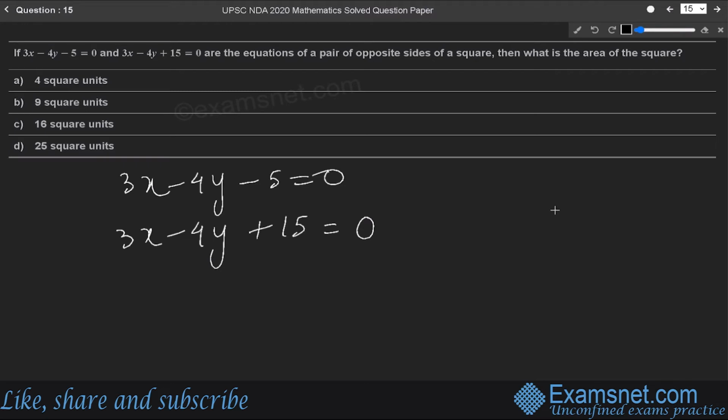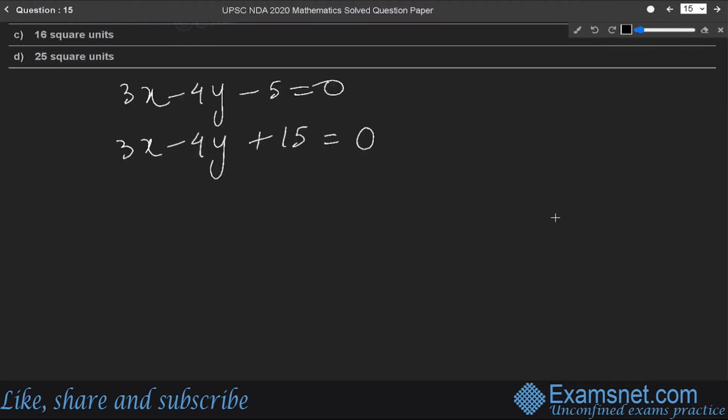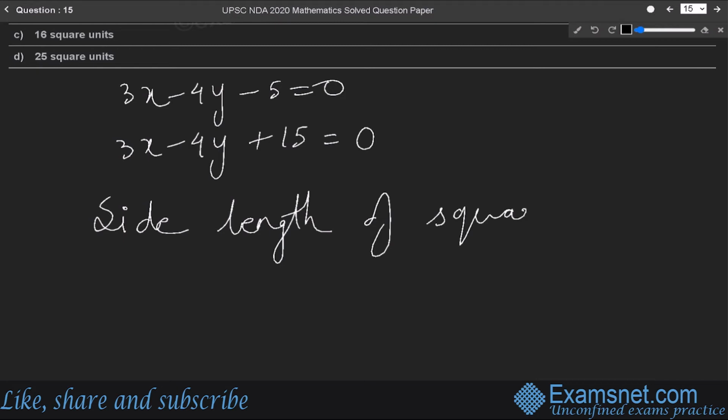Now we know that opposite sides of a square are parallel. So the distance between two parallel sides is equal to the side length of the square. So we have to find the side length of the square. It is a very basic concept that if a pair of opposite sides of a square are parallel, then the distance between those parallel sides is equal to the side length of the square.